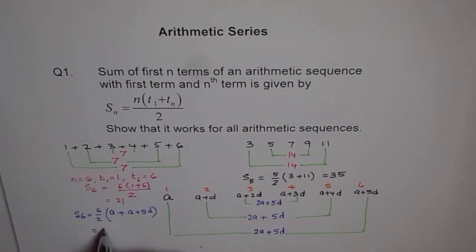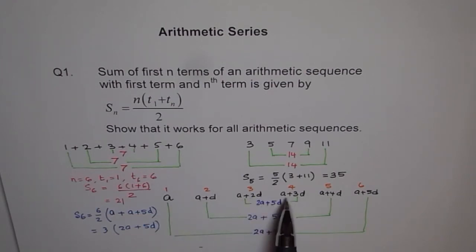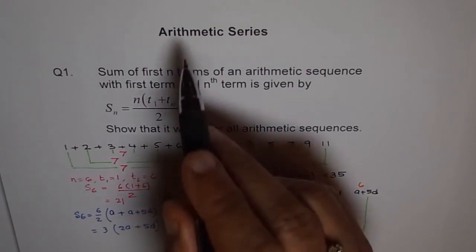So this is equal to 3 times 2A plus 5D. Do you see how the formula relates in general with every arithmetic sequence? This is an arithmetic sequence, right? And when we add these terms together, it becomes an arithmetic series.